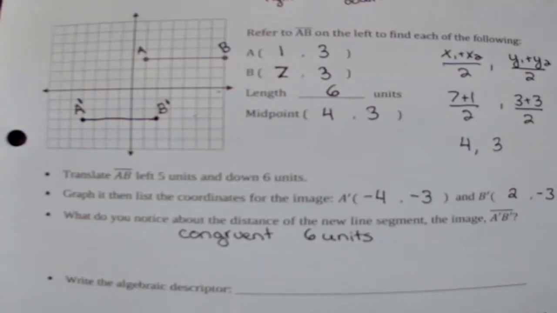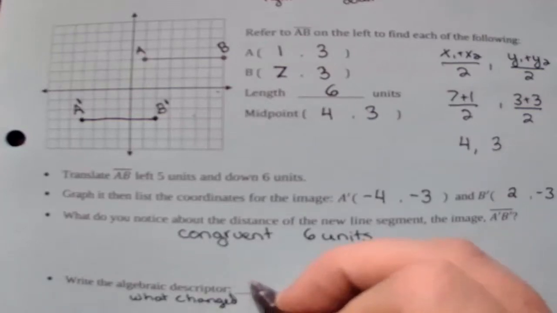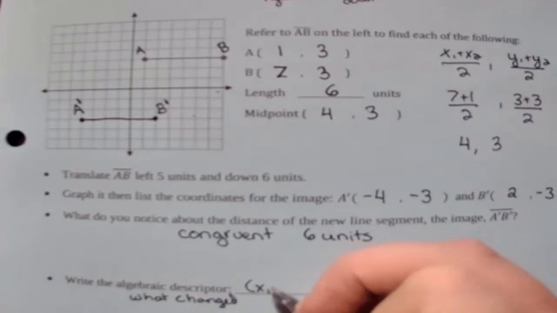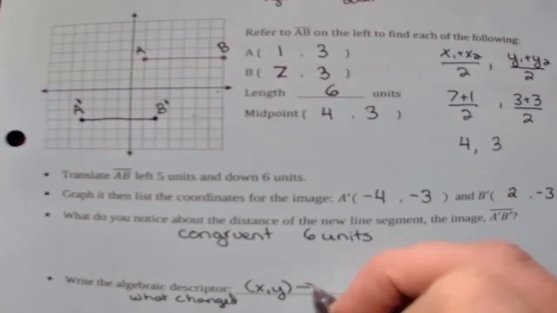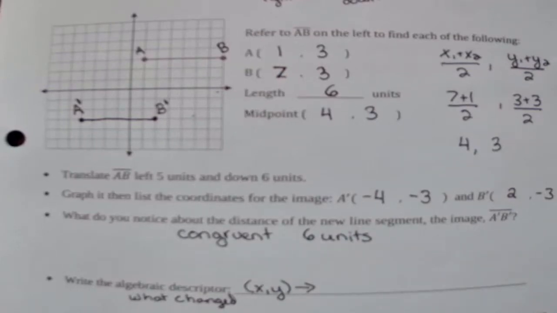Okay, so now it wants us to write the algebraic descriptor. Now, an algebraic descriptor, whenever you see this word, what it's telling you is what changed. That's what this means. So, what changed with our values? So, every algebraic descriptor will always start with this, x comma y, inside parentheses with an arrow.